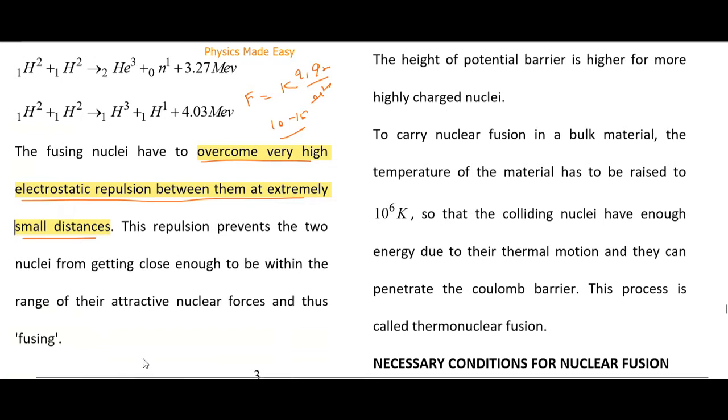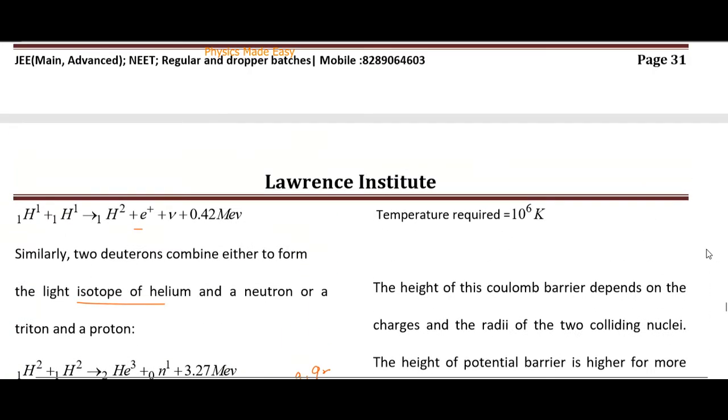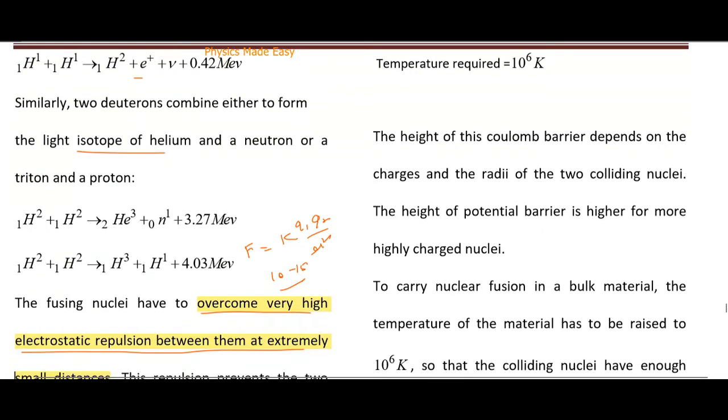This repulsion prevents the two nuclei from getting close enough to be within the range of attractive nuclear forces before fusing. For that, we need a very high temperature of the order of 10 raised to power 6 Kelvin.